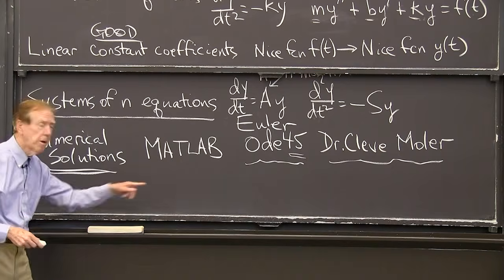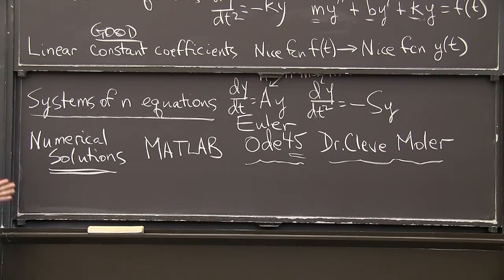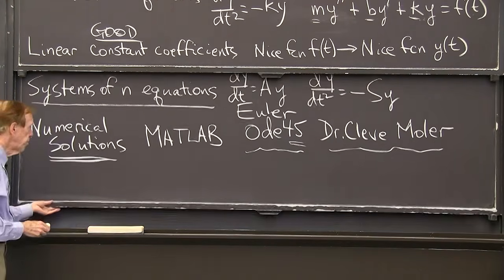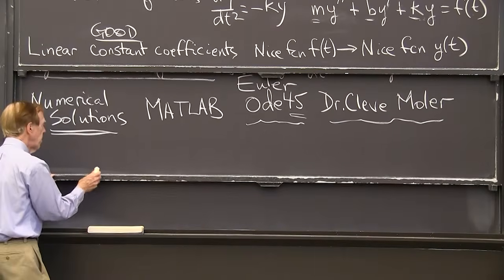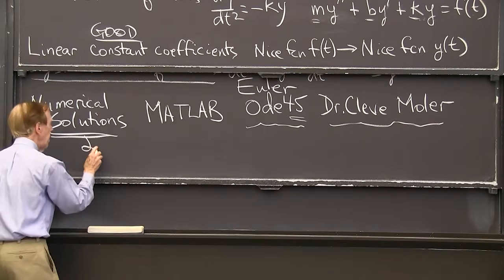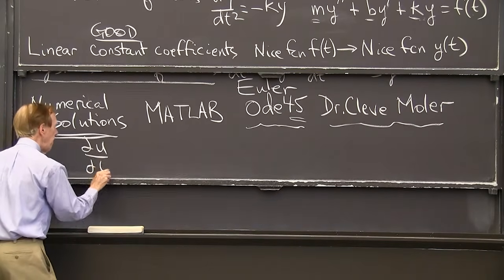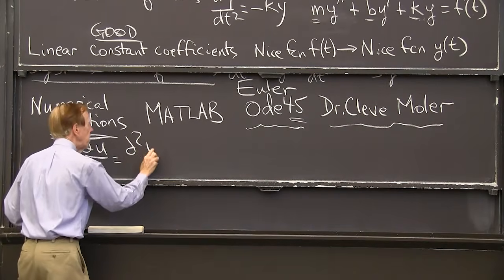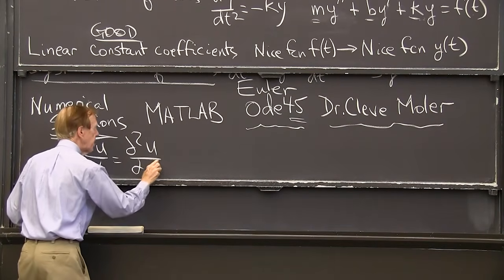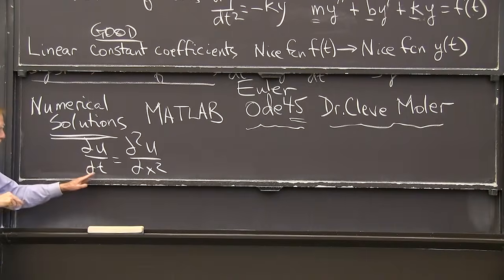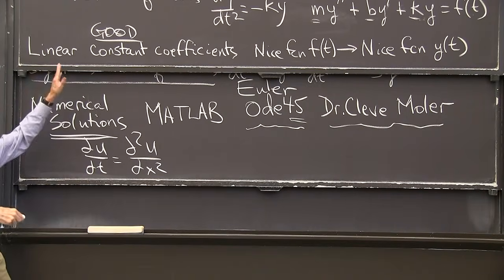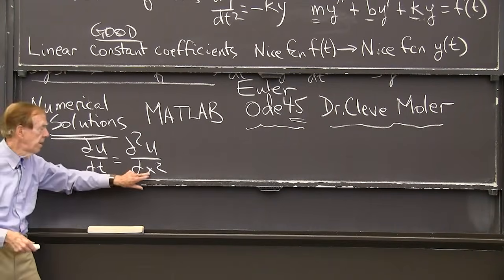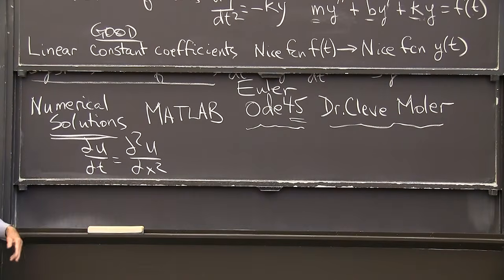So I'll just write some partial differential equations here so you know what they mean, and that's a goal which I hope to reach. So one partial differential equation would be du/dt. You see partial derivatives is second derivative. So I have two variables now, time, which I always have, and here is x in the space direction. That's called the heat equation.